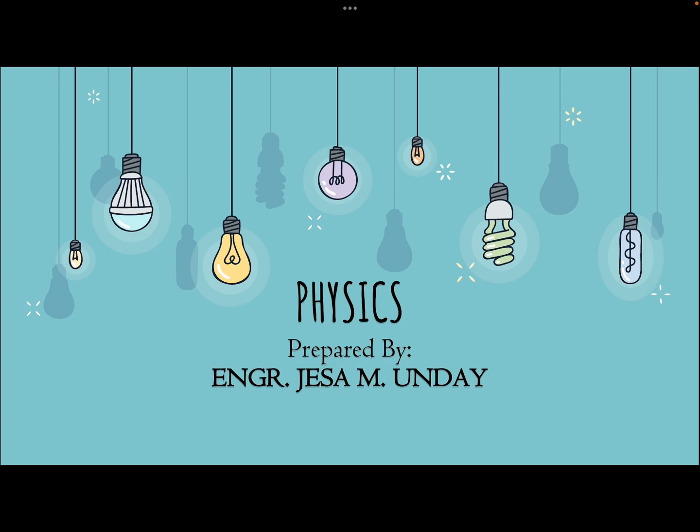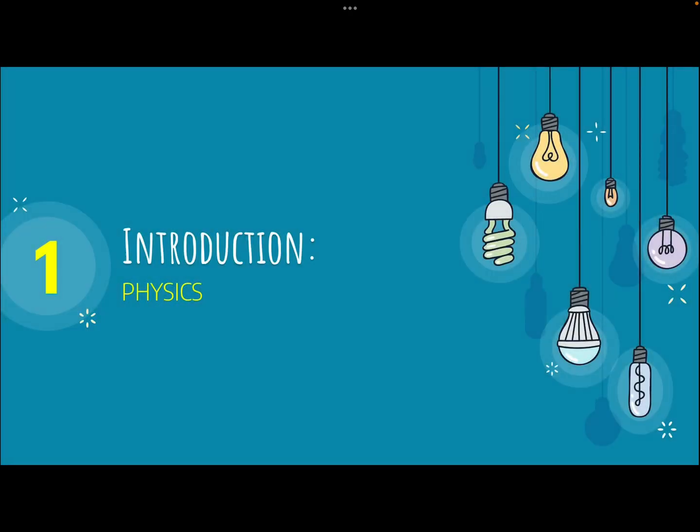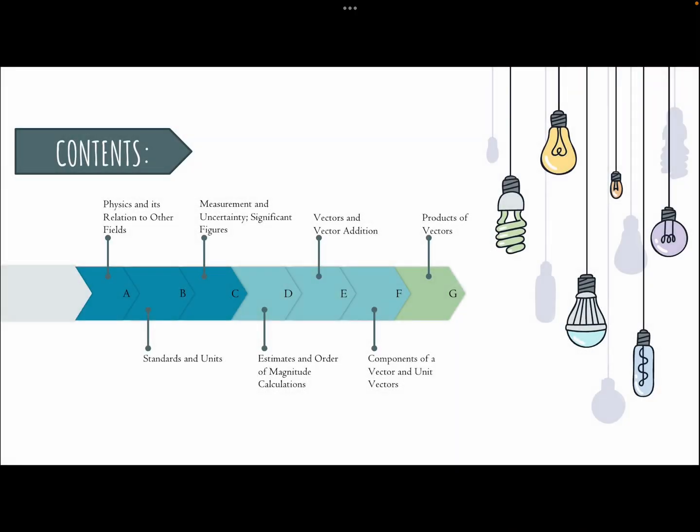Today we will discuss the first part of Unit 1, which is the Introduction to Physics. These are the contents of Unit 1: physics and its relation to other fields, standards and units, measurement and uncertainty and significant figures, estimates and order of magnitude calculations, vectors and vector addition, components of a vector and unit vectors, and products of vectors.